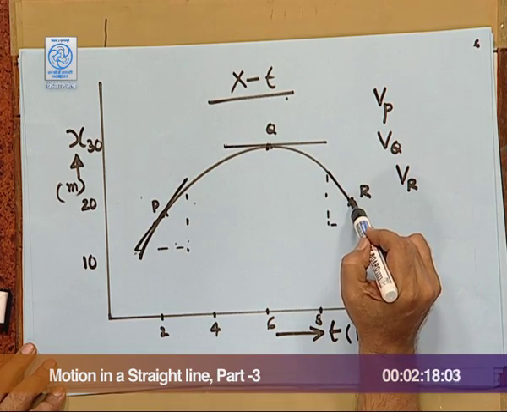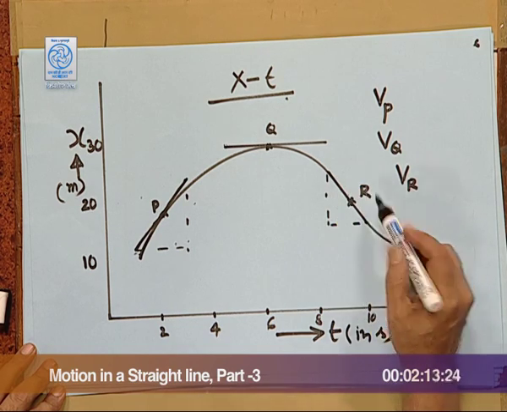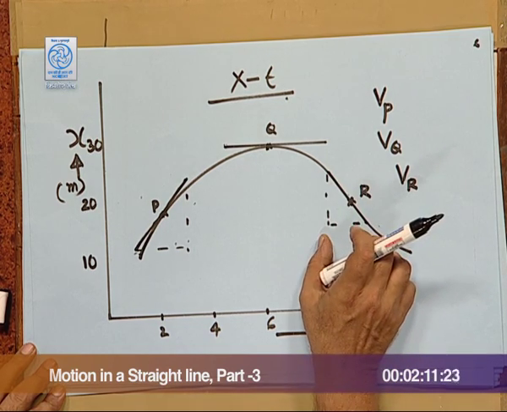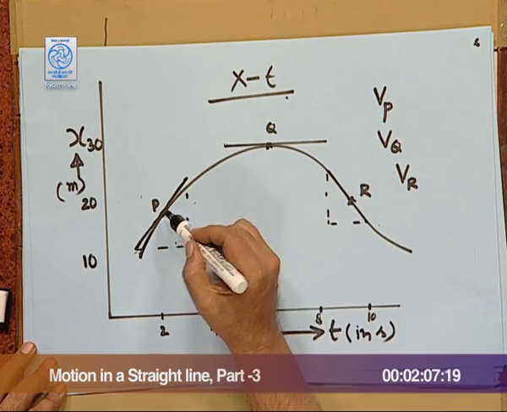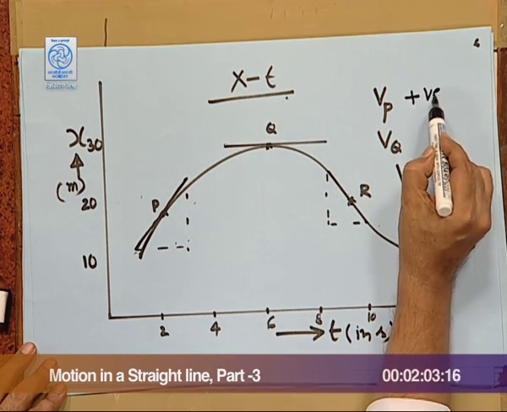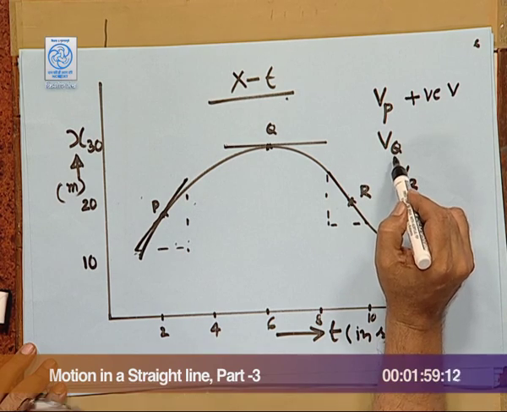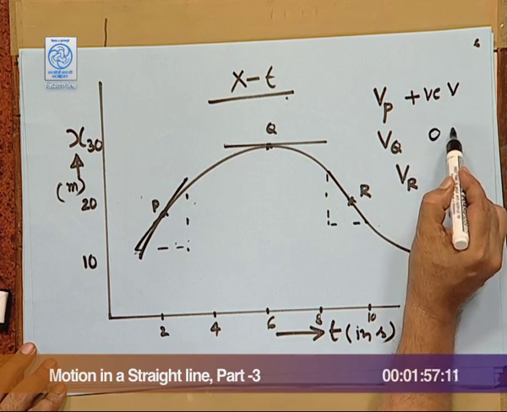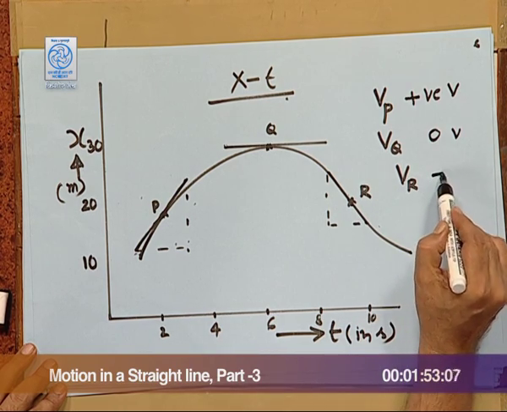Look at this point R. If I draw a tangent that almost coincides with the curve, the slope of this tangent is negative. It means at point P, the object has positive velocity, the object has 0 velocity at point Q, and at point R the object has negative velocity.